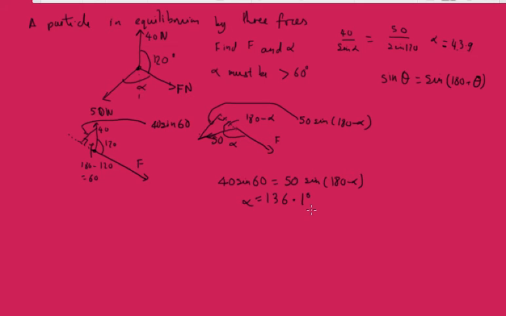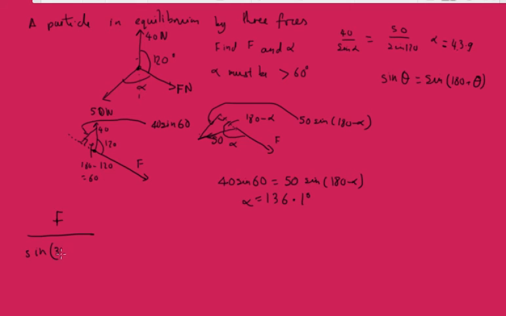Now what we can then do with this is use that in Lami's theorem to give us the force F. So F over sine of, now we need to think what this angle is going to be.